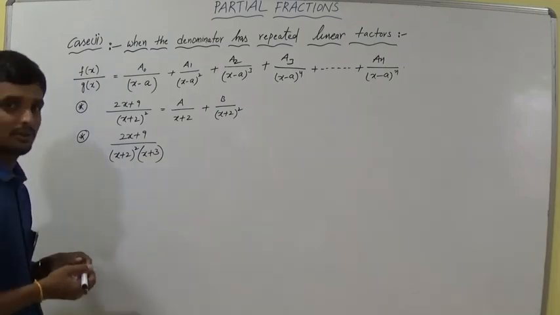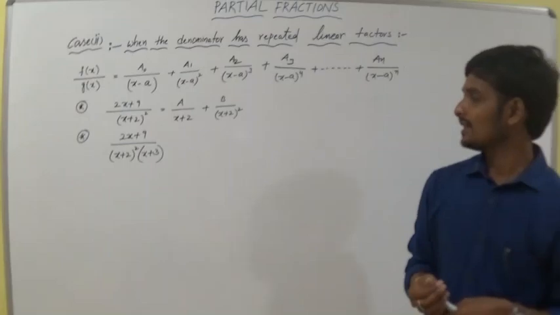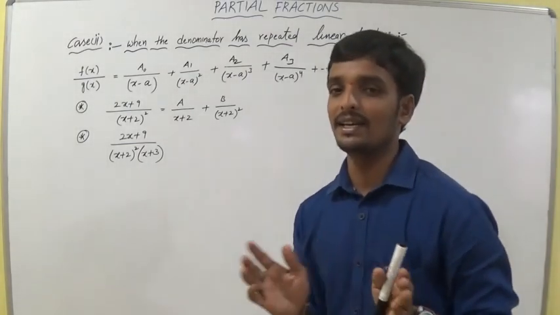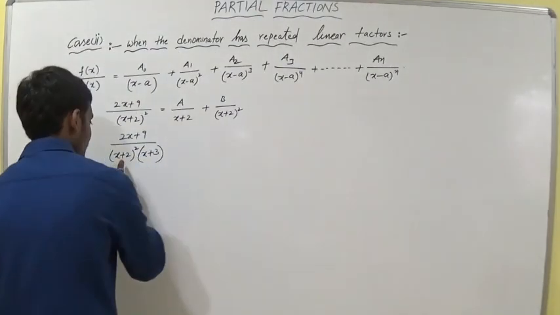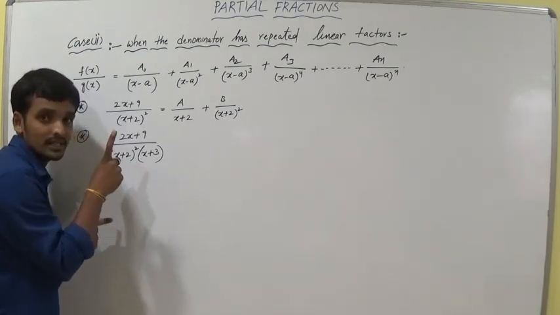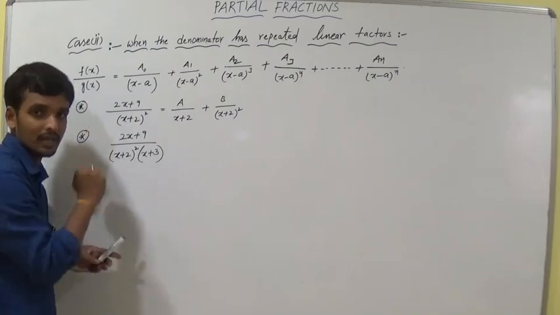You have to observe the board. The first thing is the denominator (x plus 2) whole square, which means repeated linear factors. But the second factor comes only once. This is non-repeated. (x plus 3) is only one time.